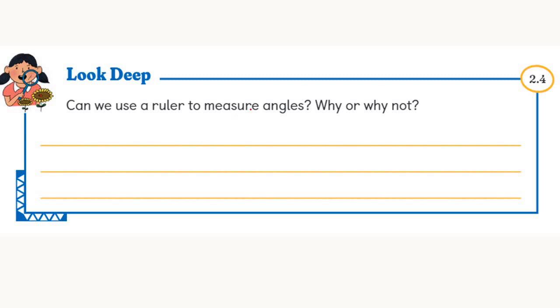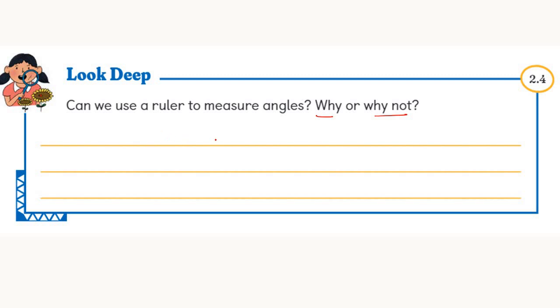There is a question for you, children. You have to look deep and think. Can we use a ruler to measure angles? Why or why not? A ruler is used for displacement of points or objects.